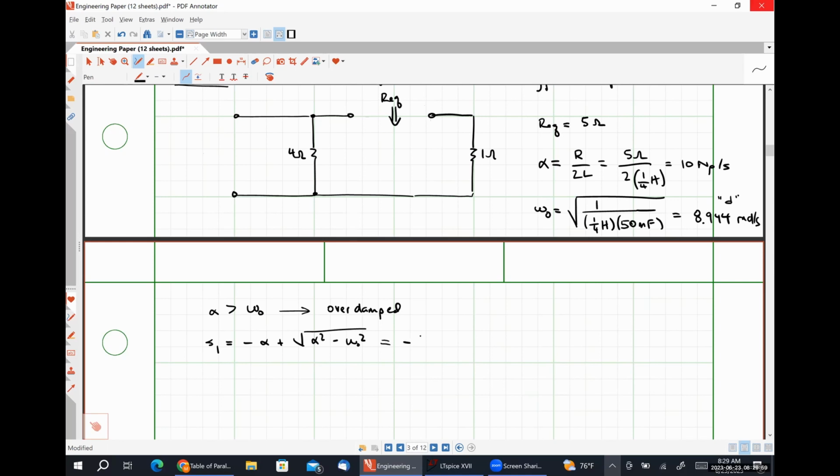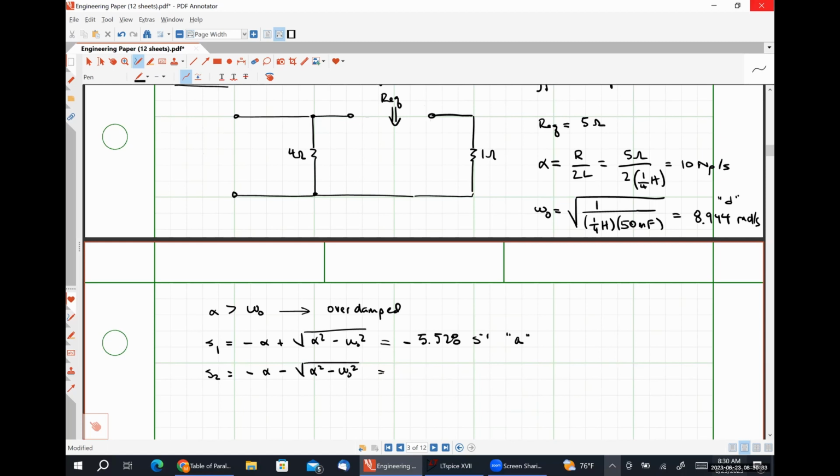Which I get to be negative 5.528 and some change. This has units of per second. I'm going to store this in my calculator as A. And S2 is negative alpha minus the square root of alpha squared minus omega naught squared.